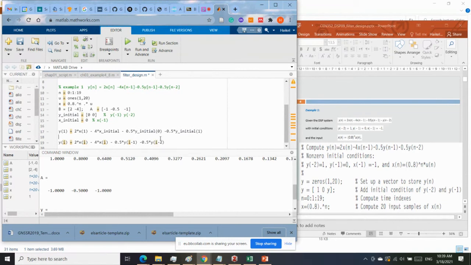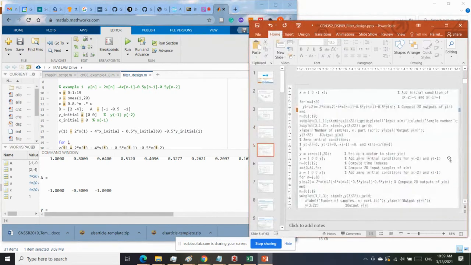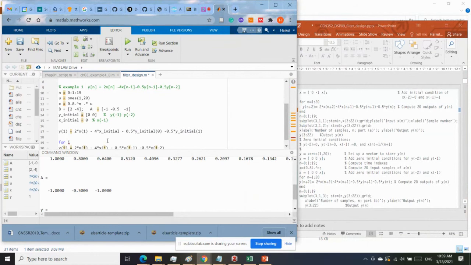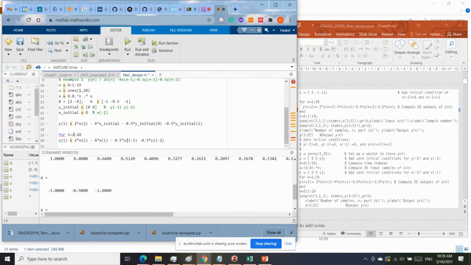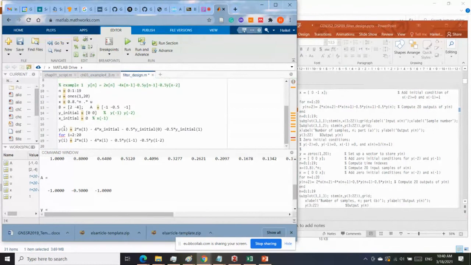So this is in general for all I. How do we make a loop in Matlab? For I equals from 2 to 20 for the rest, because y1 we already computed.